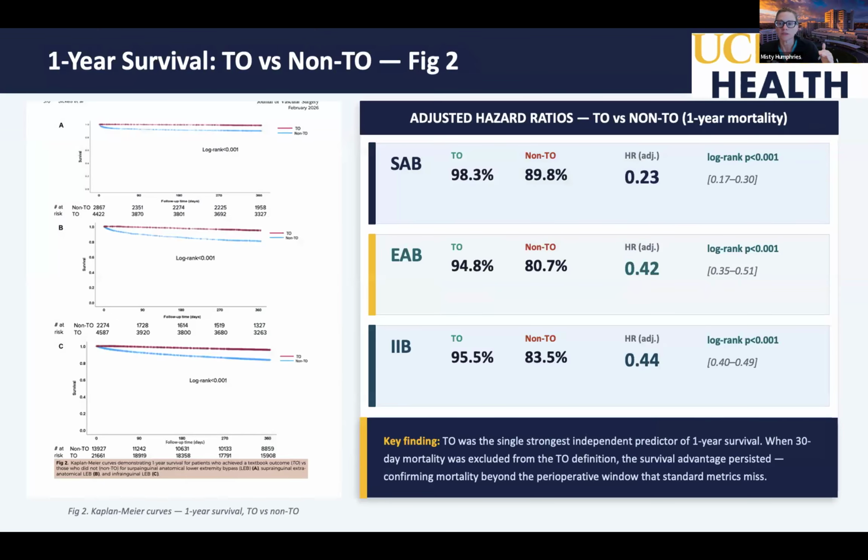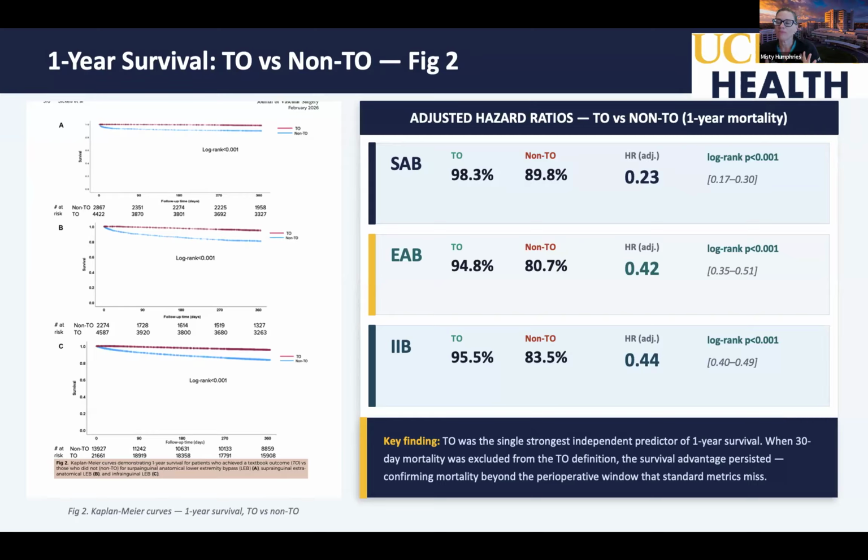This slide here is the 1-year survival. Achieving textbook outcomes really was the strongest independent predictor of 1-year survival across all 3 of the groups. And you can see the hazard ratios here for suprainguinal anatomic, extra anatomic, and infrainguinal bypass.